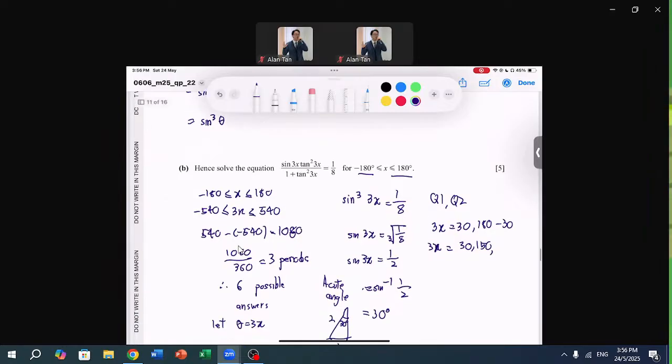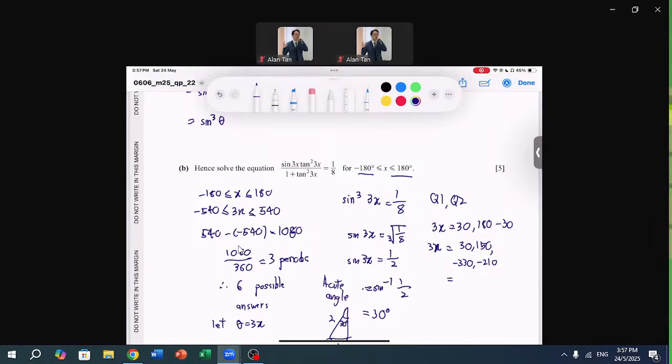And we're going to do minus first. 30 minus 360 is negative 330, and negative 210. If we minus another 360, both of them will be negative 570 and negative 690, so it's impossible.